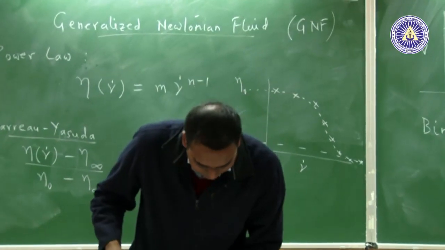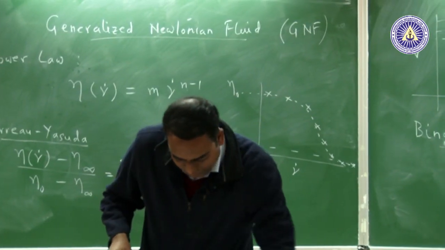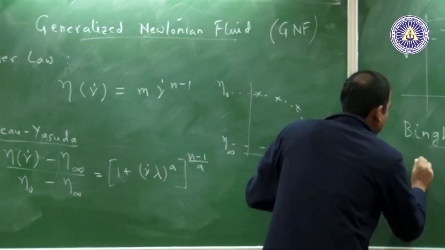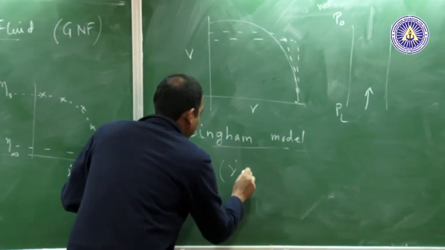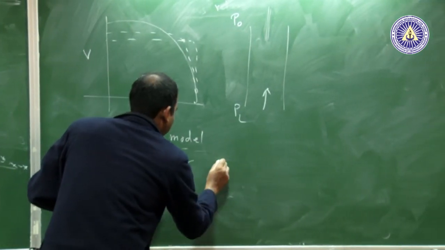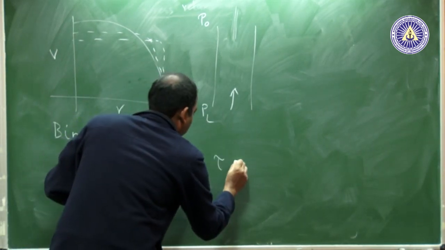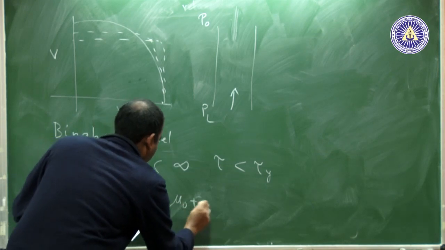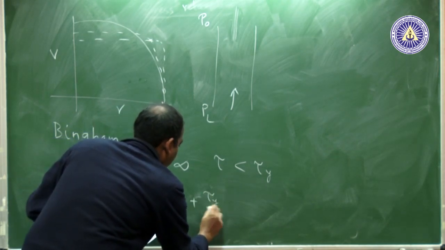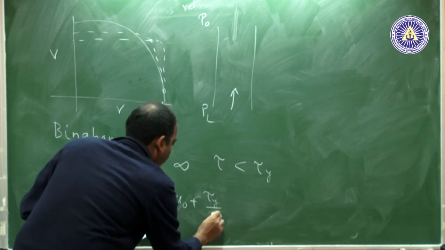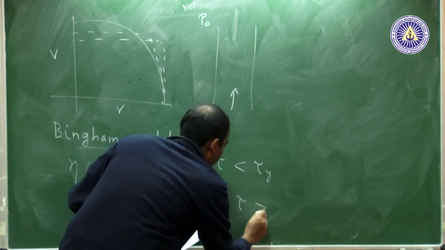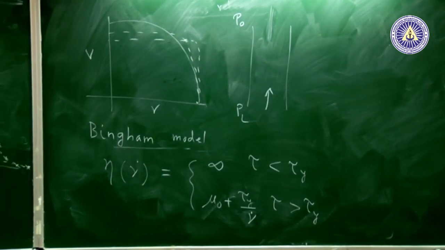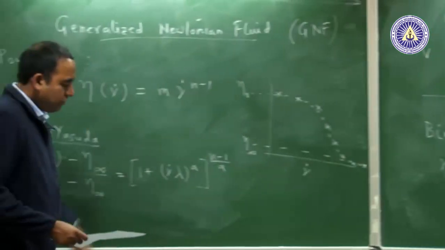One of the most well known yield stress fluids is of course blood, which has a weak value of yield stress. So, this is the third, one of the more important classes within the generalized Newtonian fluid.